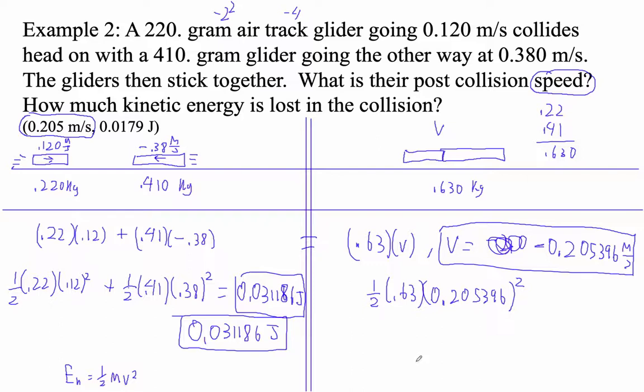Let's square that thing. I actually just used the whole number, went up arrow with my calculator, and I get that the energy afterwards is 0.013289146 joules, right? This is clearly less. It'll always be less if they stick together like that.